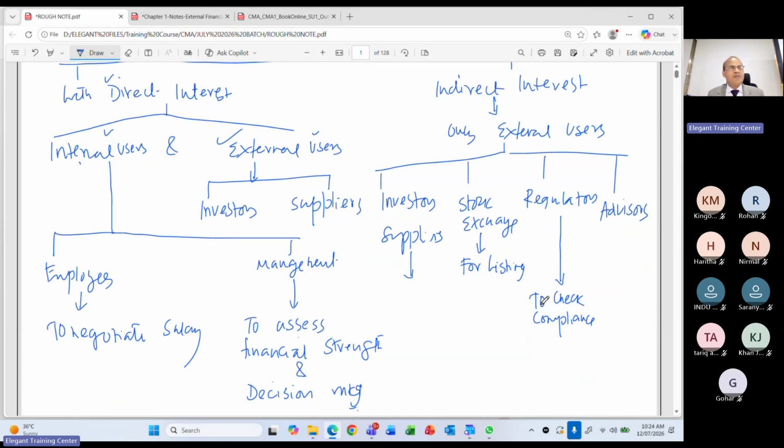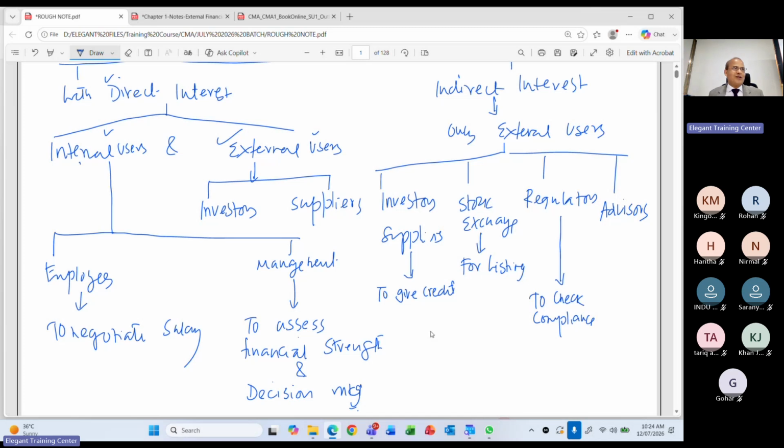Who can tell me why the suppliers need your financials? To give credit, right? You are approaching the supplier for credit lines. You want to purchase on credit.